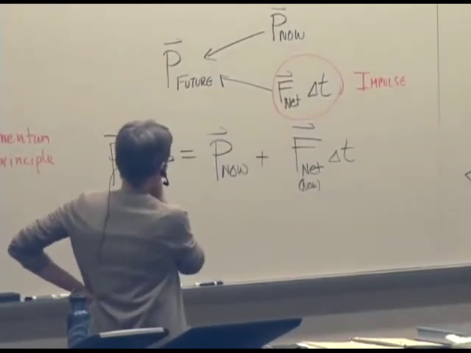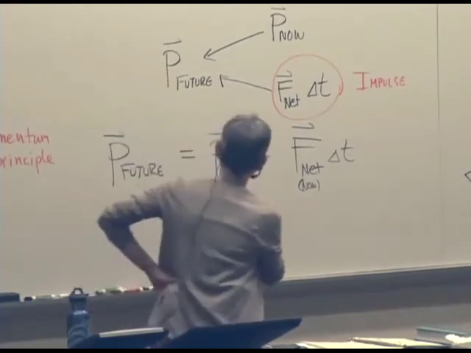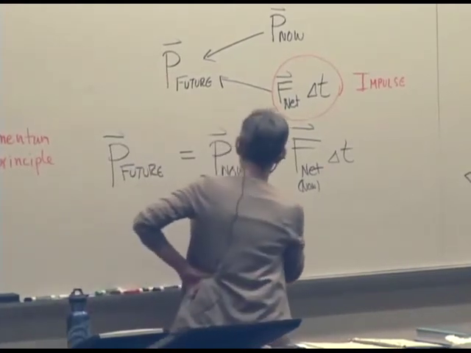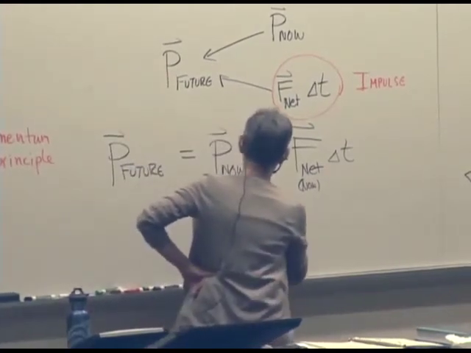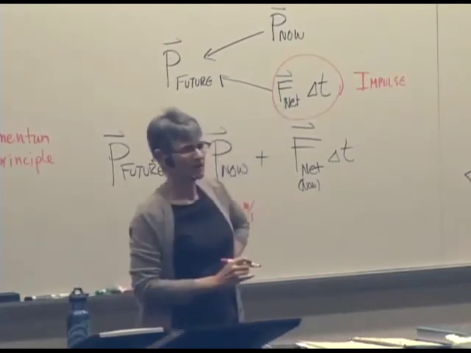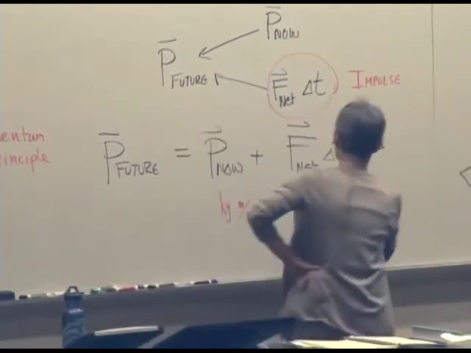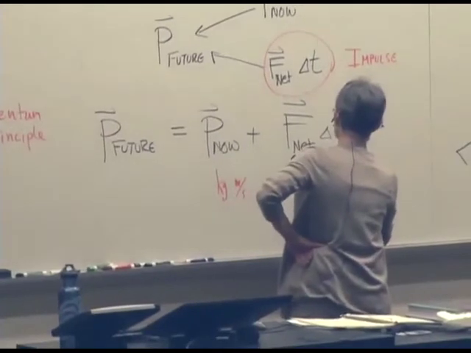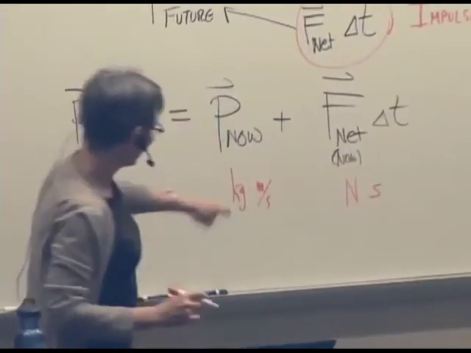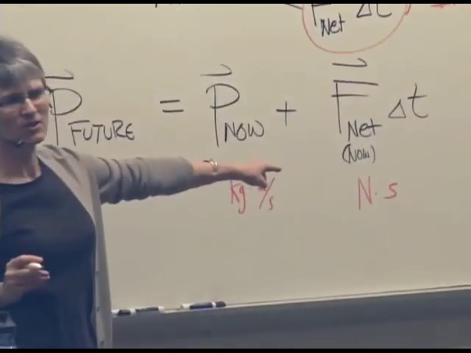Now, we know that momentum has units of kilogram meters per second. We know that force has units of newtons and time has units of seconds. And we can only add things that have the same units.